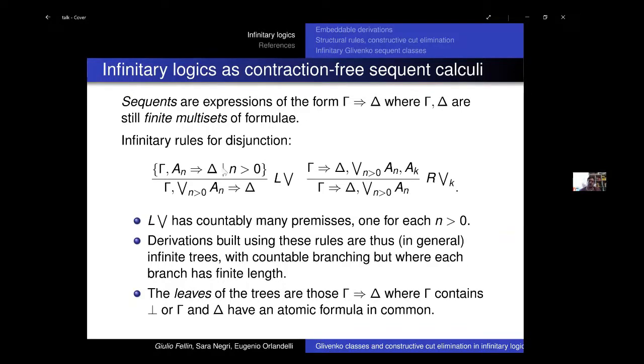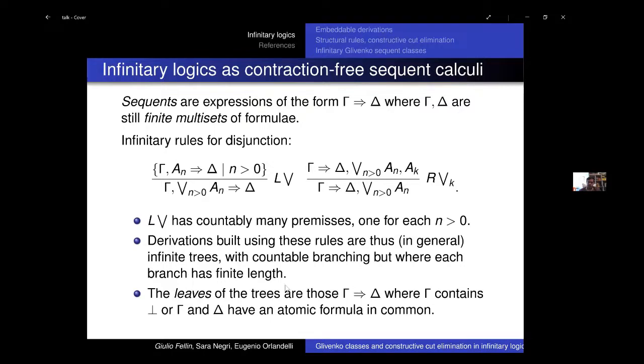While we have a single left rule, but which has countably many premises. Again, one for each natural number or for each formula in the disjunction. So derivations built using this rule are in general infinite trees that can have countable branching, but each branch has a finite length.